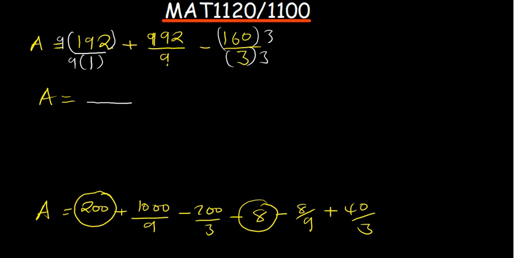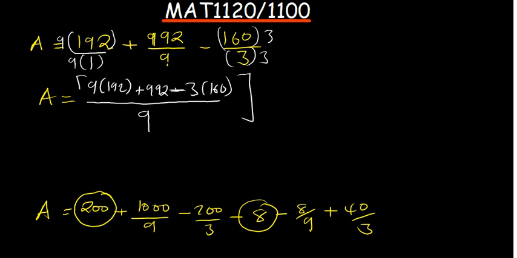Since now we have got the same denominator, 9 times 1 is 9. We have got 9, 3 times 3 is 9. We have got the same denominator, I'll just write the denominator there 9. And then we have got 9 multiplied by 192, and then plus 992, and then minus 3 multiplied by 160. Whatever the answer that you are going to find here, just put units squared. Then that's the area.